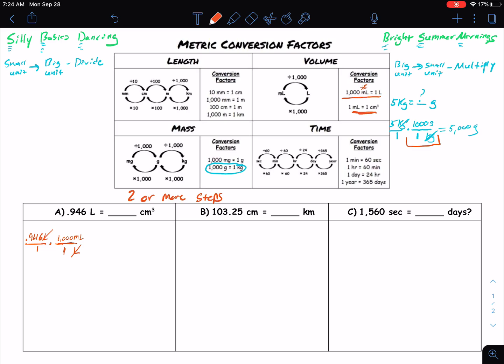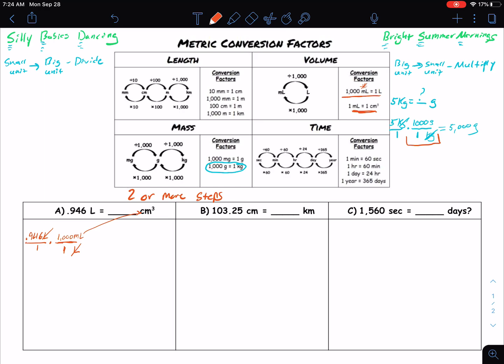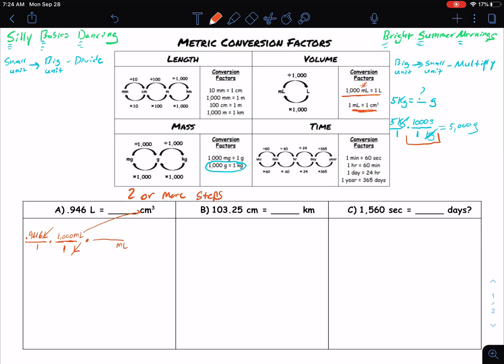The liters cancel out. So we're left with milliliters, but milliliters is not what we want yet. So we have to go a step further now. We have to get rid of the milliliters. So we're going to put a milliliters in the denominator, and we're going to see with cubic centimeters, how do those match up?